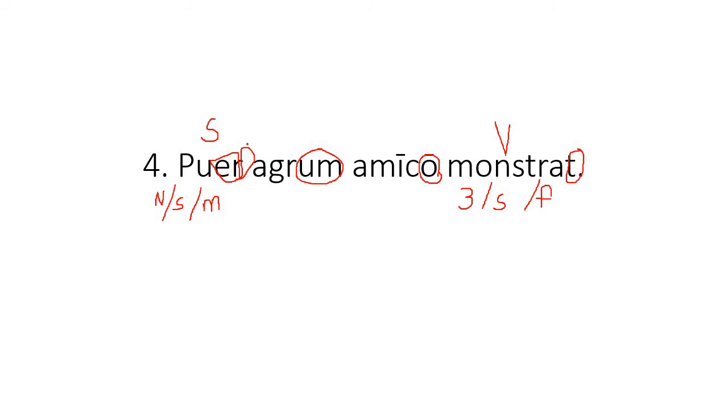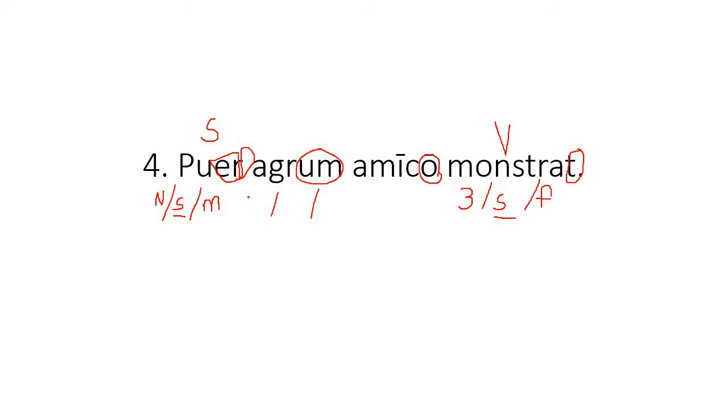We've got our verb here. That works because we have a singular subject and we have a singular verb. If one of these was plural, we would know we did something wrong. All right, agrum. If it ends in um, agr comes from ager, agri, which means field. So ager is the nominative form, so it's not a neuter noun.